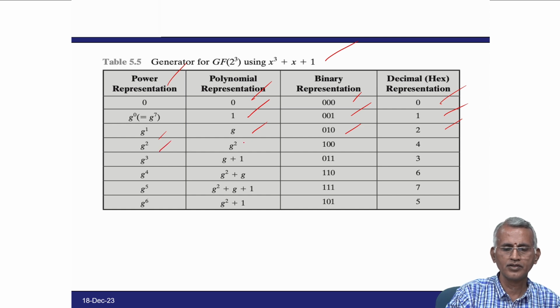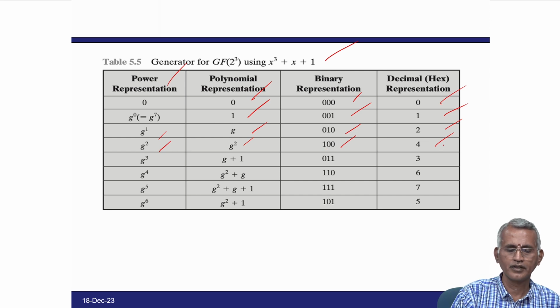g square is g square and 1 0 0 is the binary representation and decimal representation 4, because 0 into 2 power 0, 0 into 2 power 1 and 1 into 2 square, therefore 4.